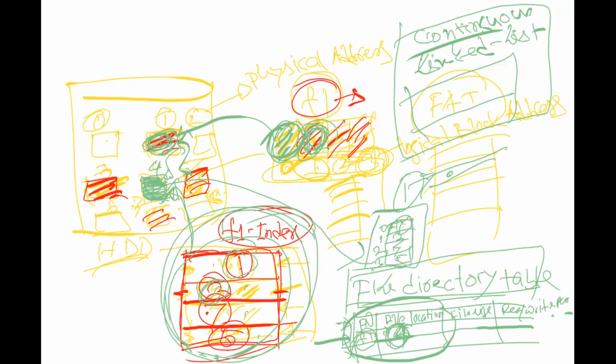From this table, your operating system can read every block of the file. So the only difference is that in the other methods, contiguous allocation, linked list and FAT, the file location inside the file directory table contains the zero block number of the file, where it was loaded inside the HDD.